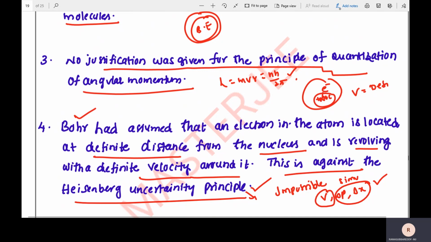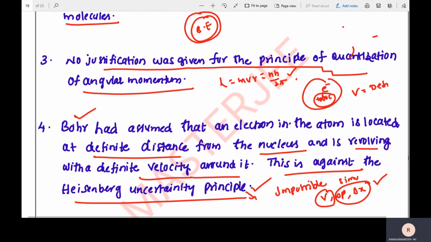These are the limitations. So what we discussed: the J.J. Thomson model, its experimental setup, and the oil drop experiment, where we found the charge of the electron and discussed the radius of the oil drop.